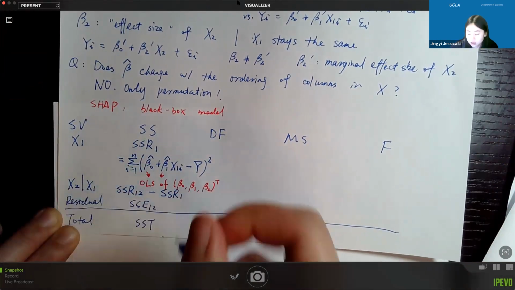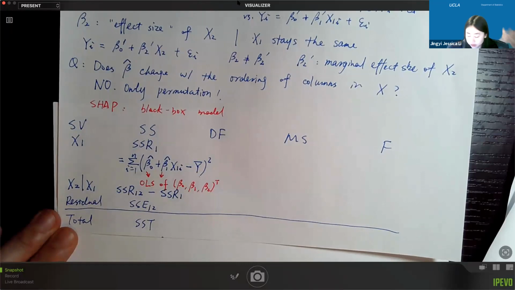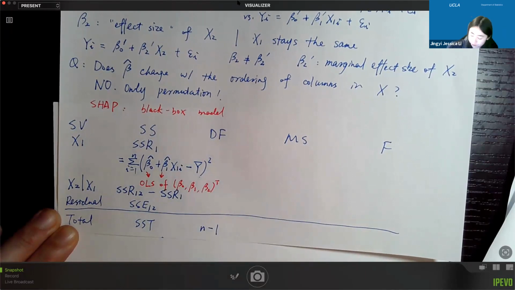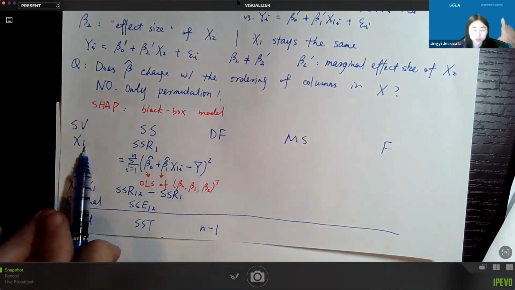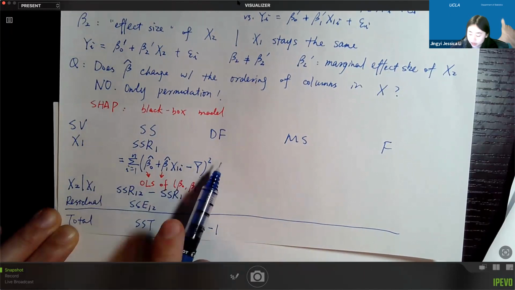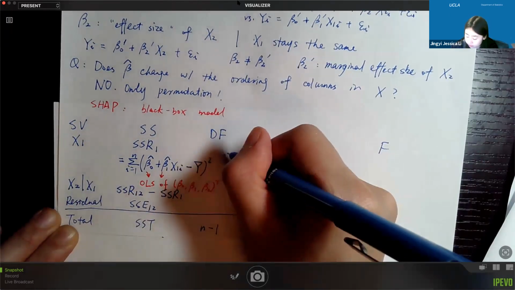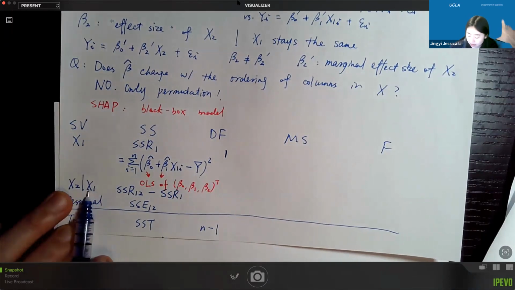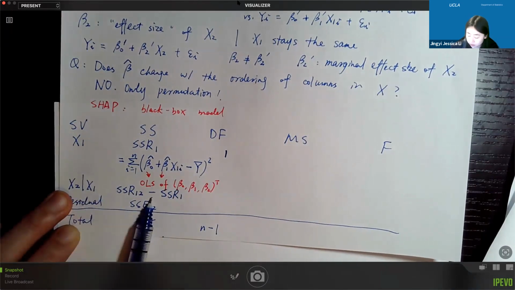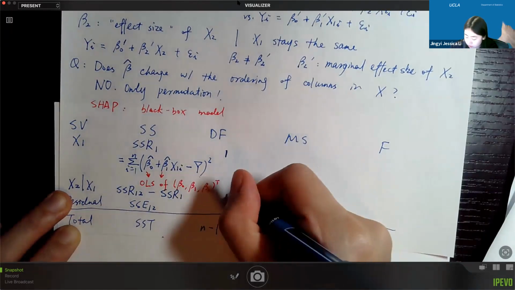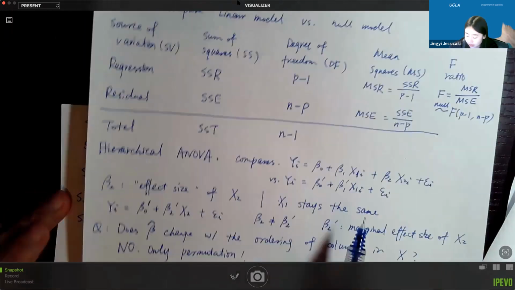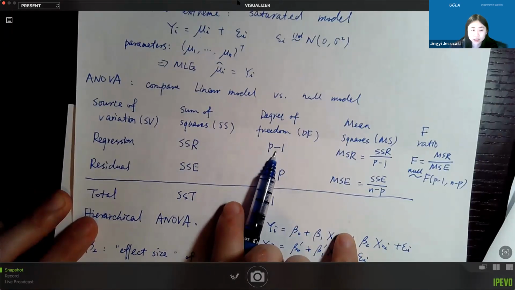SST. Now I need to deal with the degrees of freedom. It's clearly n-1 here. And for x1, since I'm only introducing 1 predictor, clearly its degree of freedom is 1. Okay, and over here, I add another predictor, its degree of freedom is 1. So please note that if you compare to the simple ANOVA, I have p minus 1. The reason is because of the existence of the intercept.